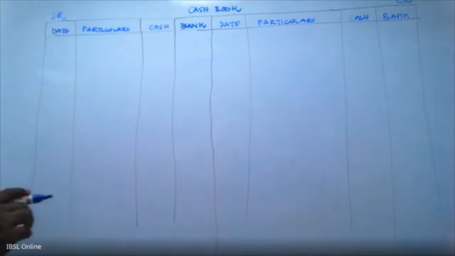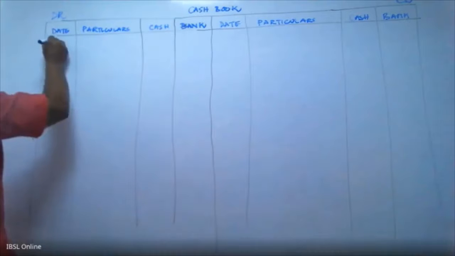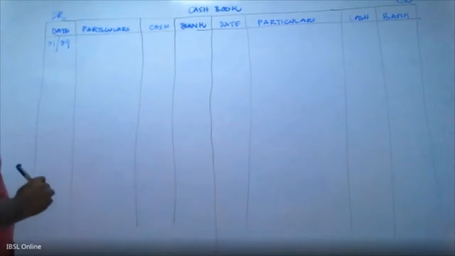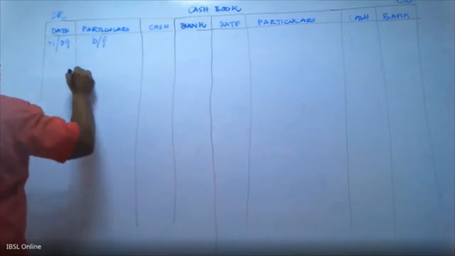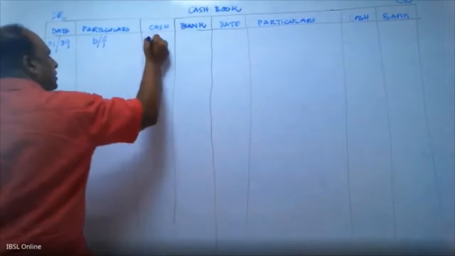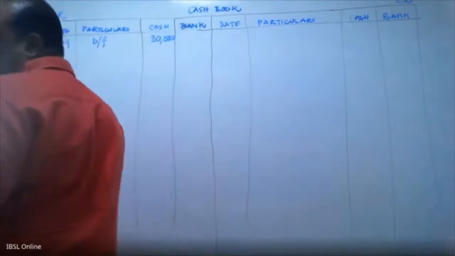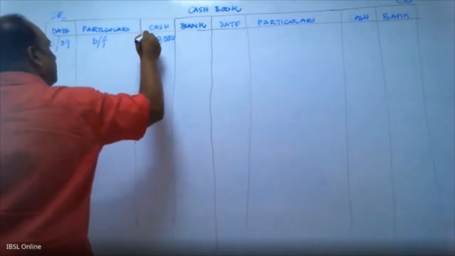So what have they done? Let's say on 1/9, they have cash. So brought forward cash, that is 50,000.